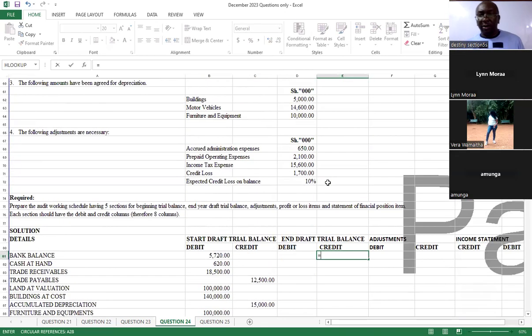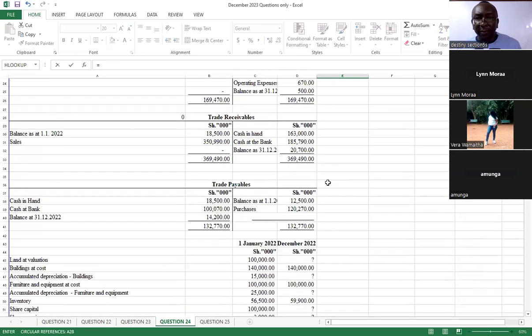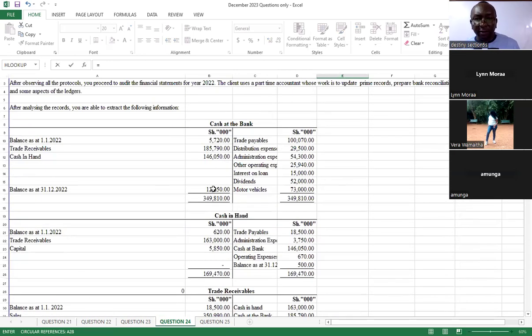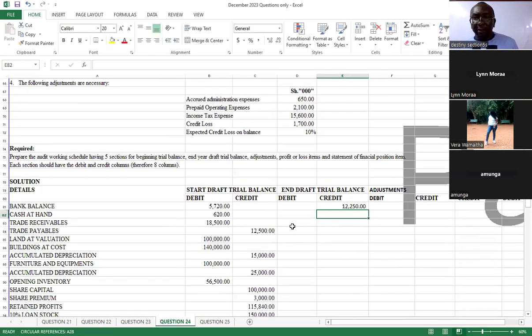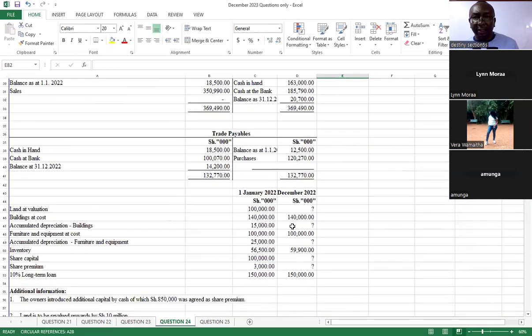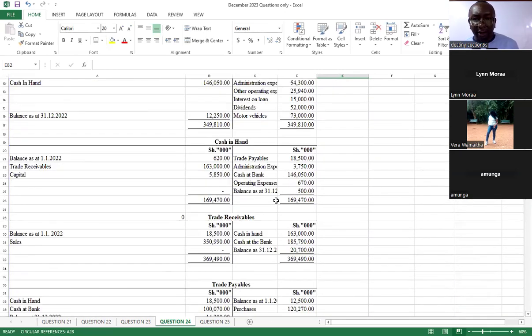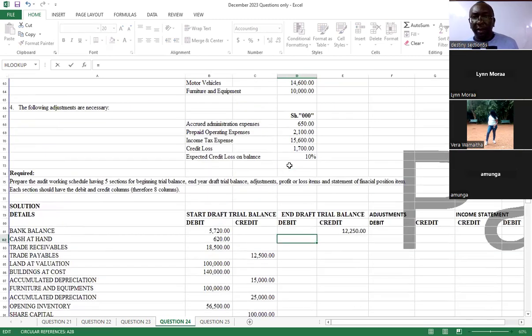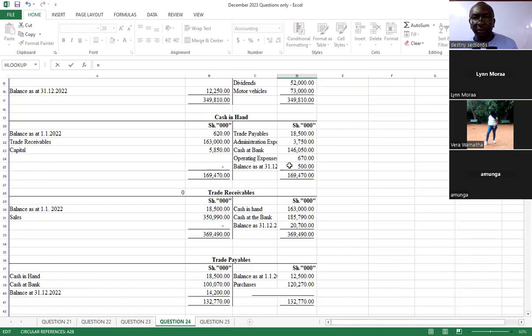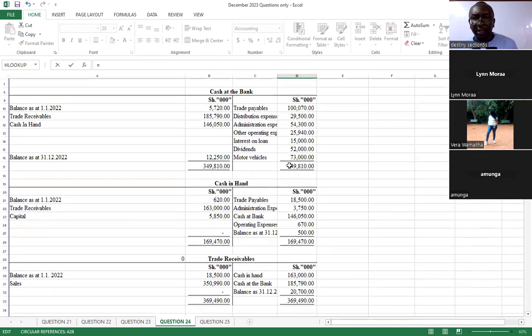We ensure that we are recording on the correct column. Otherwise, we may find ourselves doing a lot of double work. Okay. We go to the cash at hand. This one has a debit balance, so it will be equals to the debit balance cash at hand.